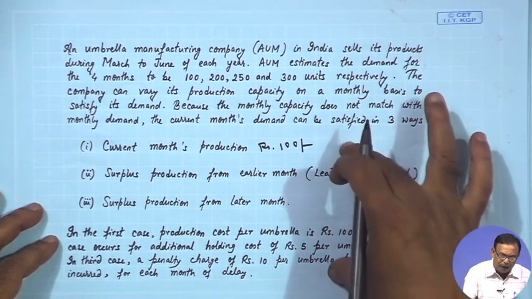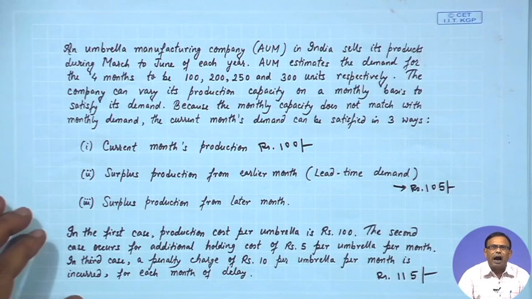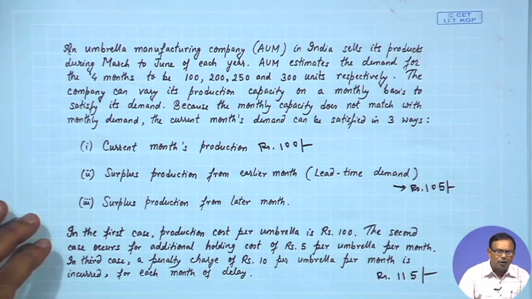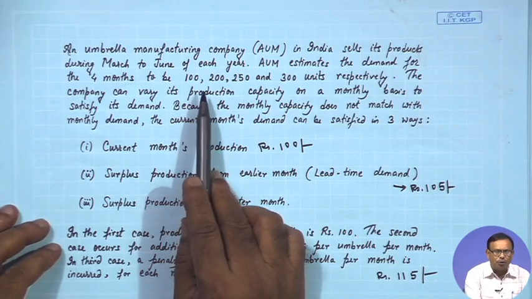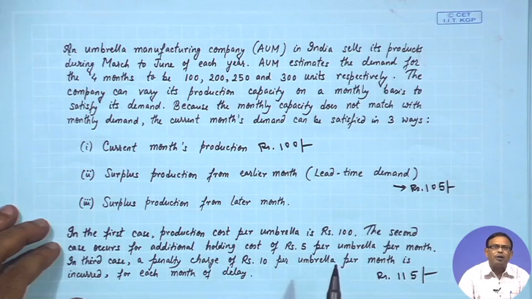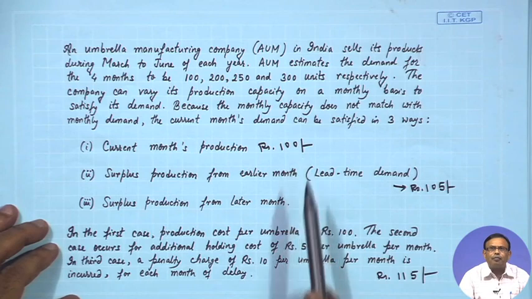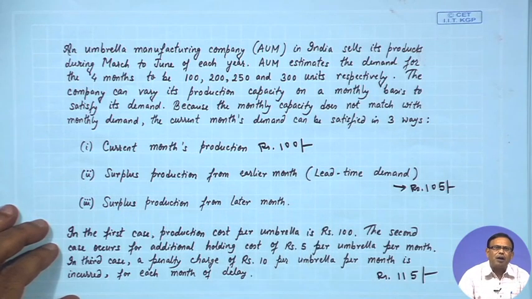So, the meaning of these 3 is this: you are producing certain quantities and you know the demand for March, April, May and June, which is 100, 200, 250 and 300. If you are meeting the demand in the same month, the cost per umbrella is 100. If you made surplus production and are meeting it in a later month, you have to add an additional holding cost of rupees 5.